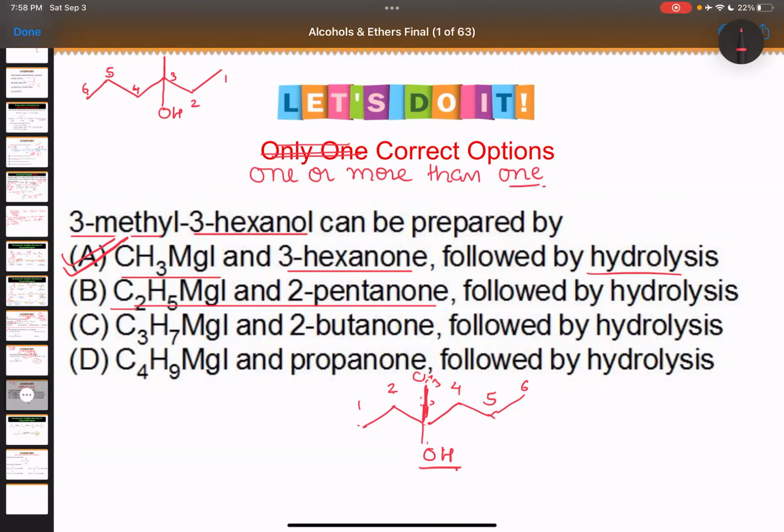Just check it and tell me quickly. Very important question, very famous, asked in all examinations of all levels. Is this set of ketone and Grignard going to give you the alcohol which is being asked in the question?